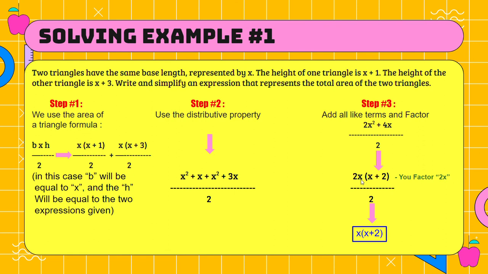So you take 2x out, and then in the brackets, you will have x plus 2, and then over 2. After that, you cancel out the 2 and 2, and you are going to be left with x times (x plus 2). So that's the final answer.